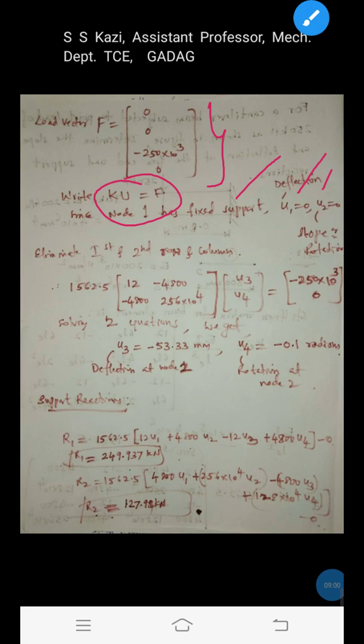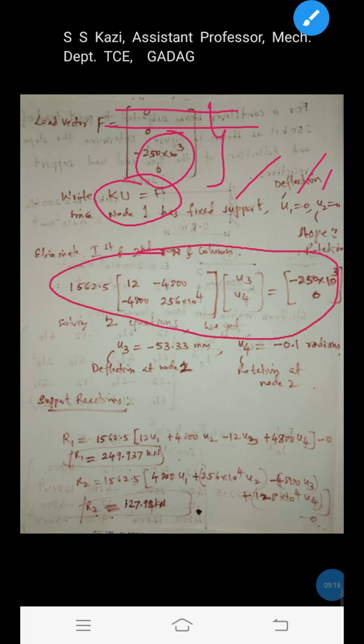Eliminate first row, first column, second row, second column, like this, these first 2 components will get eliminated, only remaining these 2 force terms. Now after eliminating, you will get these 2 equations to be solved, that is 1562.5 outside the stiffness matrix, into bracket you write these 4 terms which remained after eliminating, into U3, U4, which is to be calculated, is equal to minus 250 into 10 raised to 3 and 0.